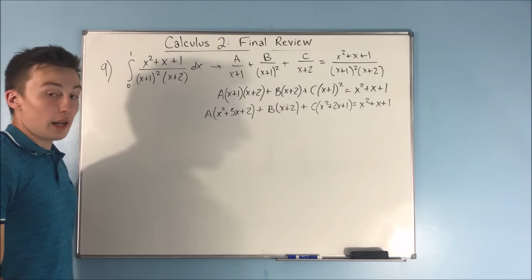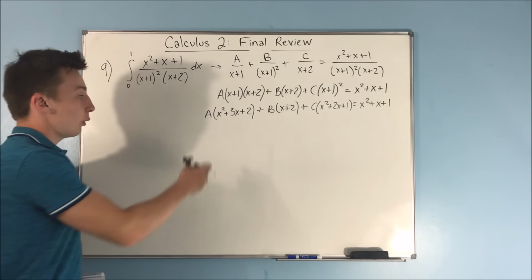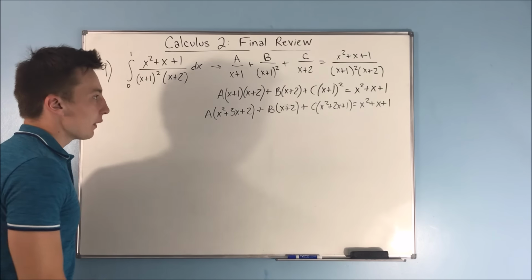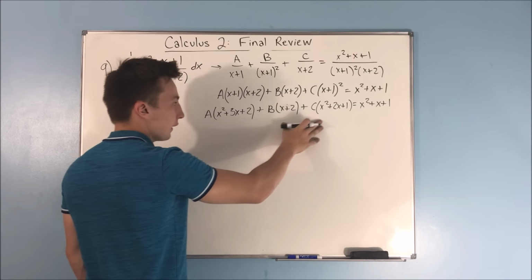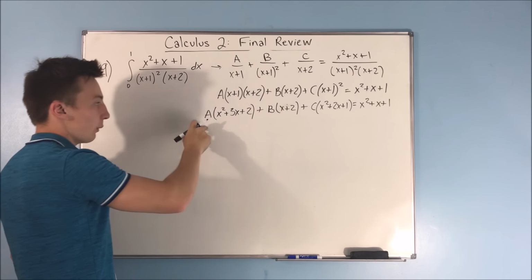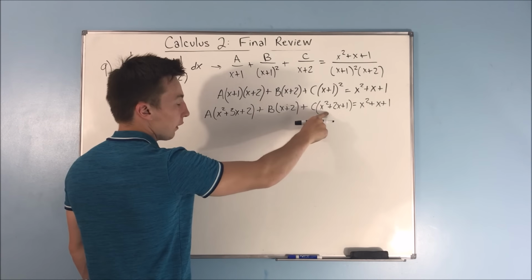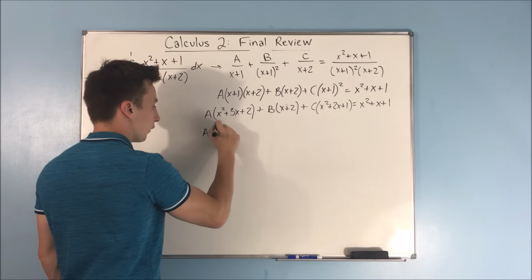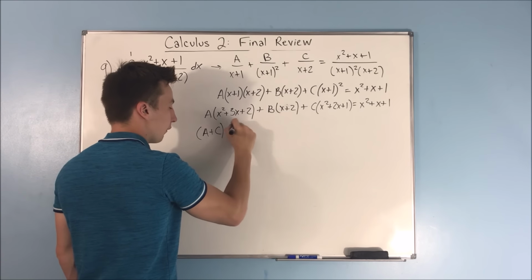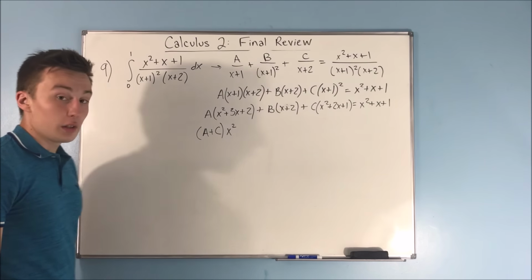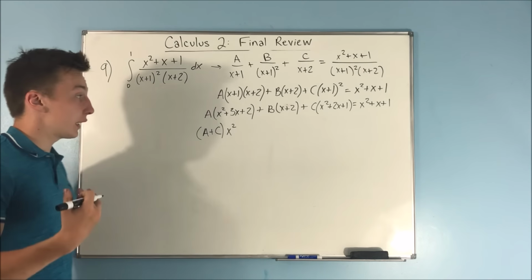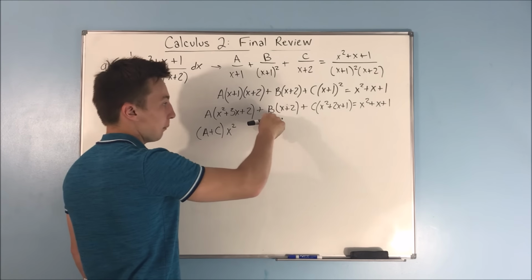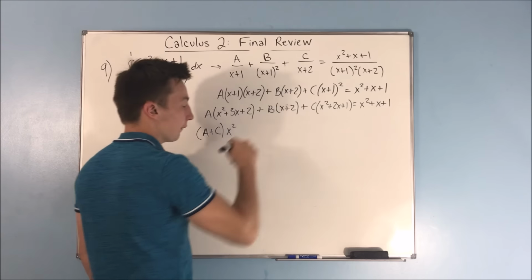So now what we're going to do is group these, basically combine like terms here. Now we'll have an x squared term, and that will just be, we have an A here and a C here, and they're both being multiplied by a singular x squared. So we'll have (A plus C) times x squared. That's our x squared term. Now we need to do our x term. Here, we have a 3A, we have a B, and we have a 2C.